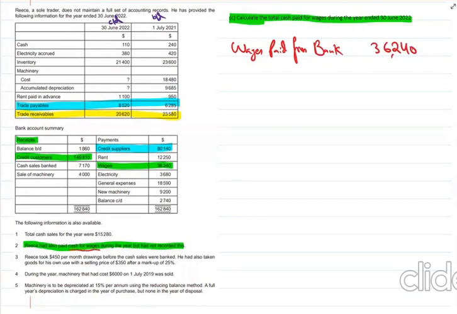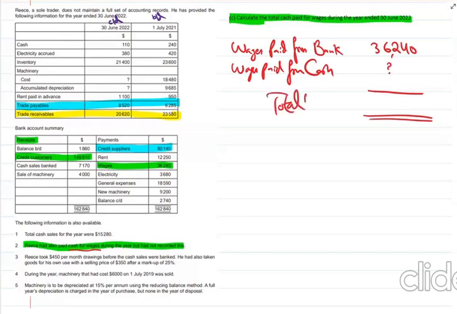That's correct, but it is not specified that there is some cash paid for wages, meaning wages paid from cash. This is unknown. If we use any trick and find this out, we will have total wages, correct or wrong? Yes. So wages from bank is given, but cash payment of wages is not given.